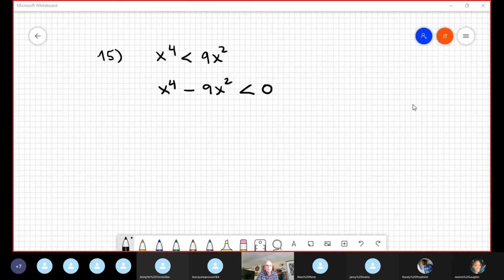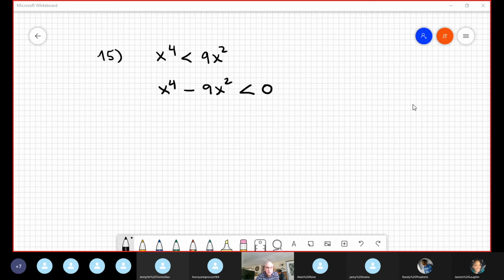Okay. I try to explain question 15. Question 15, I copied the original. After that, I move 9x squared to the left because the right hand side must be 0. This is the idea for solving any non-linear or polynomial inequality.